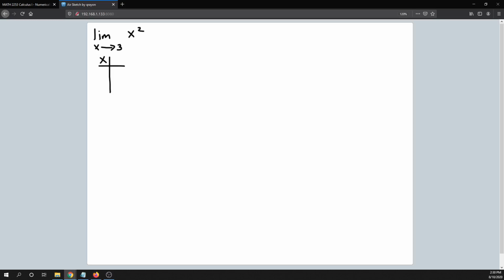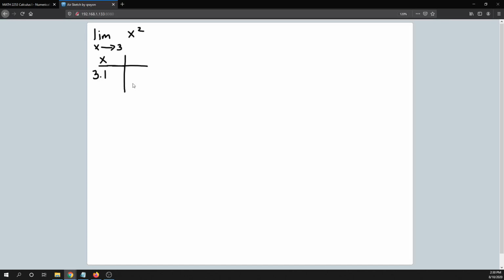All right, I'm going to pick a number that is fairly close to 3, 3.1. That's pretty close. In fact, I'm going to have to redraw this table here. Let me make a little bit more room. These x's, we're going to choose so they get closer and closer to 3, but not actually equaling 3, and we are going to plug those into the function.